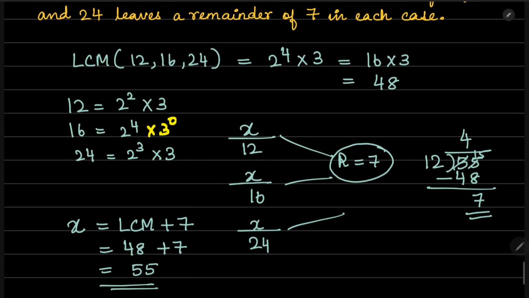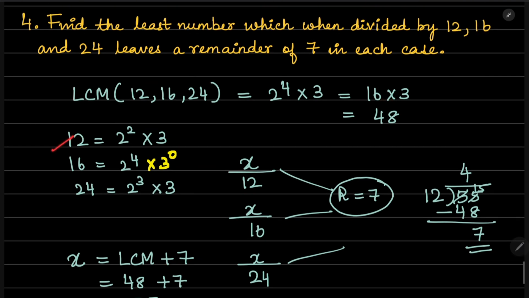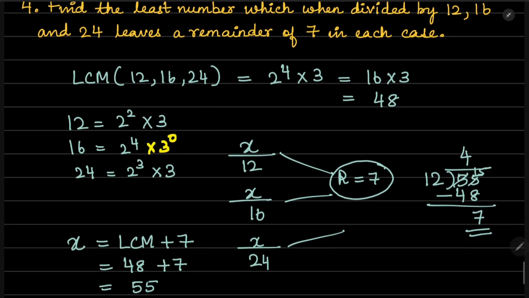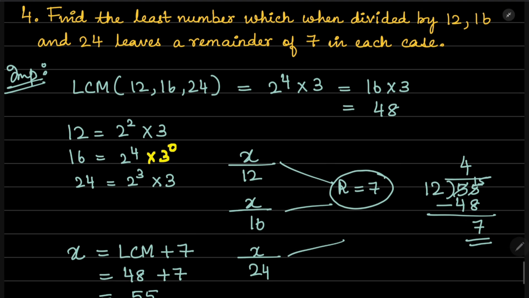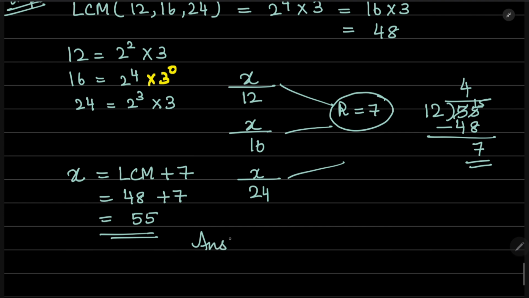So you just have to add a 7 to this least number, and you get 55. If you divide it by 12, 16 and 24, you will get a 7 as remainder each time. So this is your final answer. Remember it, it's a very important question. Similar patterns of questions are frequently asked.